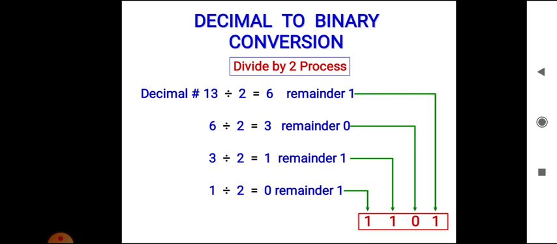So 13 is the decimal number, and if we convert to binary, we will get 1101. Simply, every time we have to divide by 2 and write the remainders side by side.